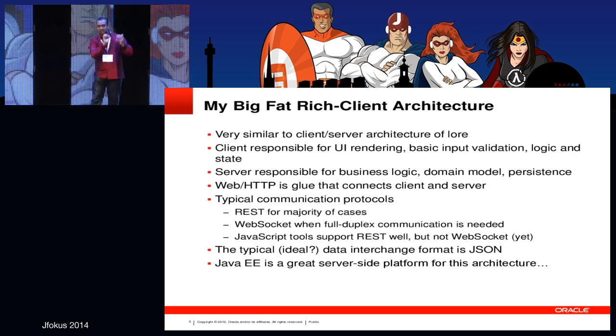If it looks like a service, it probably belongs on the server. So things like business logic, domain models, persistence, messaging, all of the things that Java EE is really good at doing, all that stuff belongs on the server. So you have UI, you have services, and the glue is the web in this case.